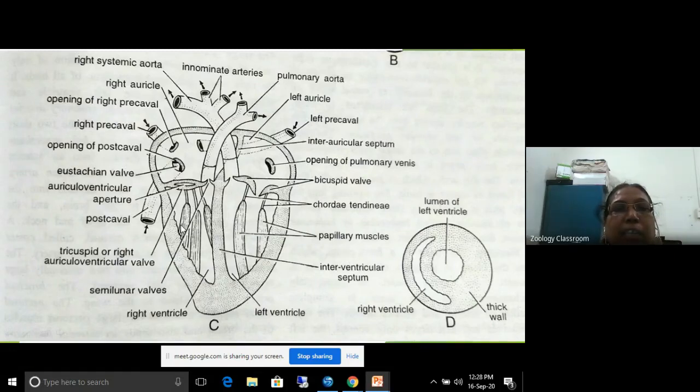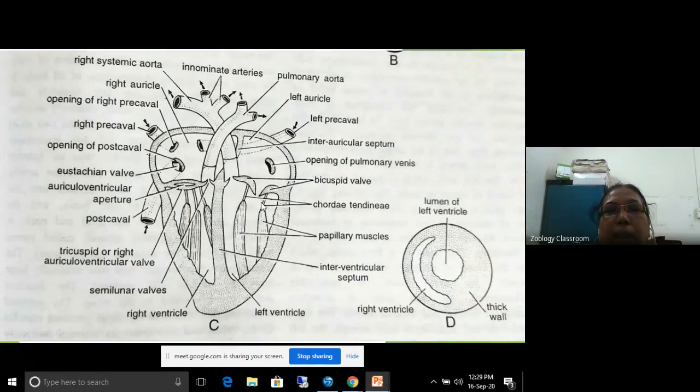So on the right side there is impure blood, and on the left side there is pure blood. So the blood is separated. It is also called double circulation, which means the blood passes towards the body parts only once. The blood is separated by the interauricular septum in the auricle and the interventricular septum in the ventricle.